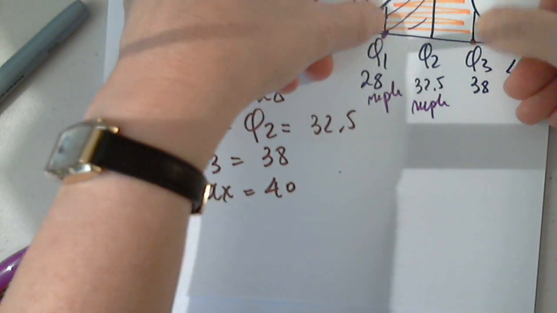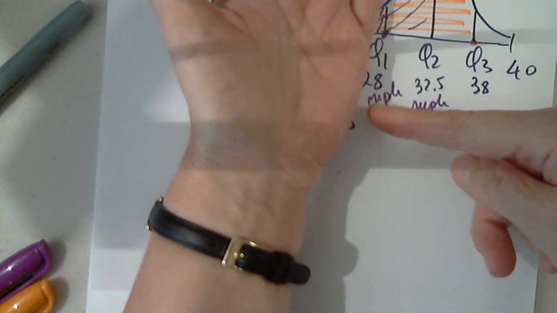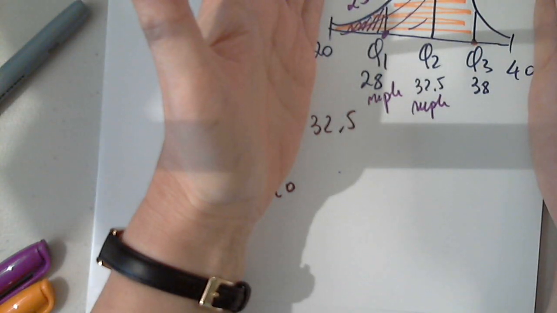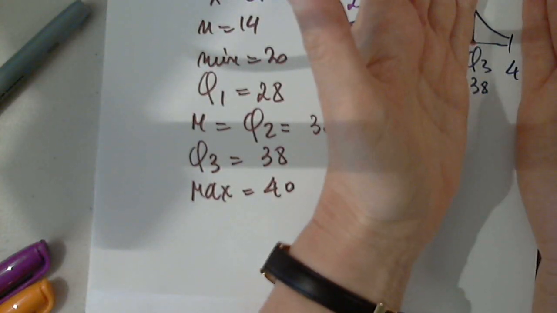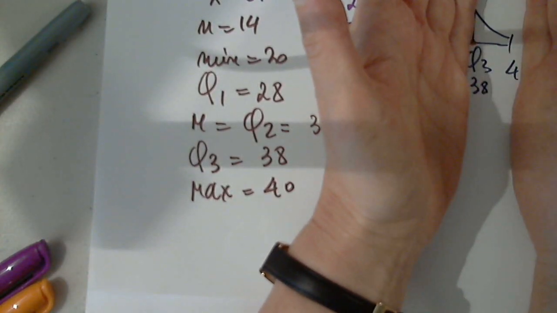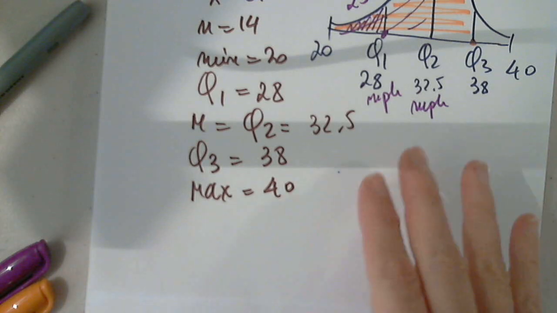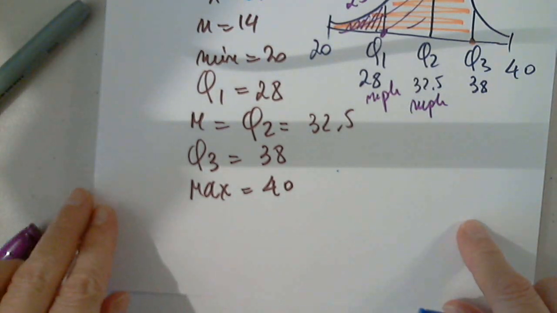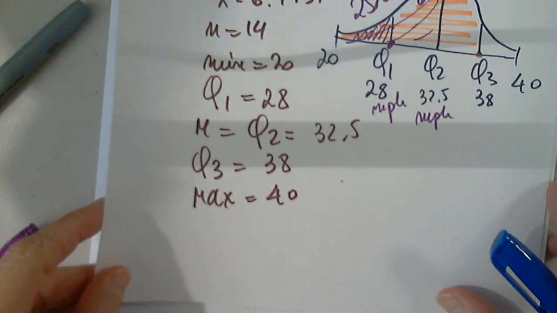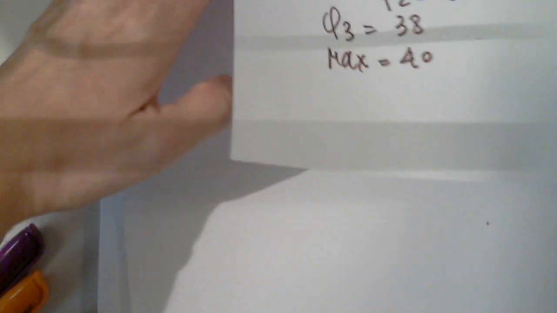Roughly the middle 50%, very important, drove between 28 and 38. All of them between 20 and 40. Only 25% between 38 and 40. So as you see, we have a lot of information coming from quartiles. Okay, number 4 now. Any questions?